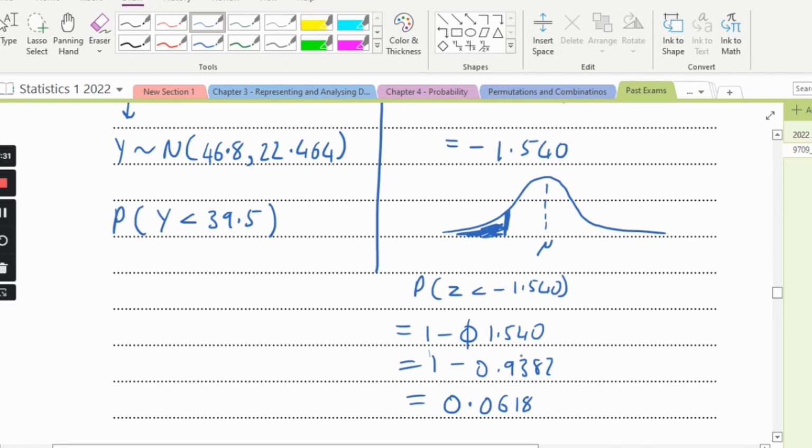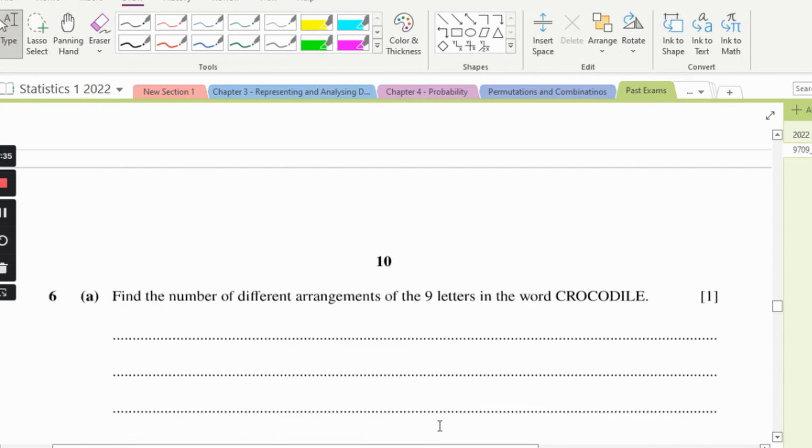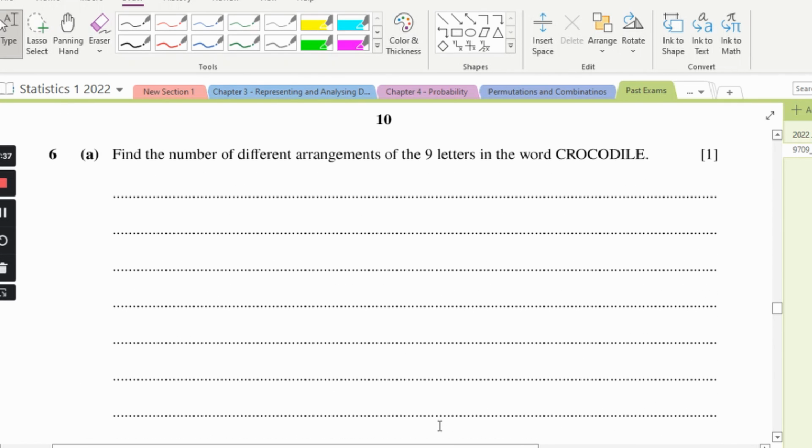Now we come to the moment that you've all been waiting for. All right, well, the first one's okay, isn't it? We've got to arrange the 9 letters in the word crocodile. So there's 9 letters, so it's 9 factorial. We do a quick check. Are there any duplicates? I think we've got a couple of C's.